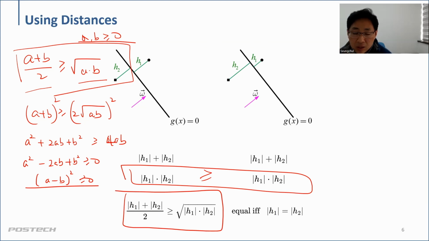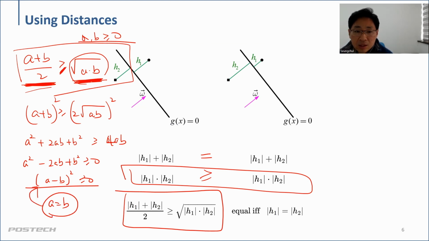And so if you do this kind of calculation, this value is always smaller than or equal to that, right? But the summation is not always constant. And when the equality holds, A equals B, right?